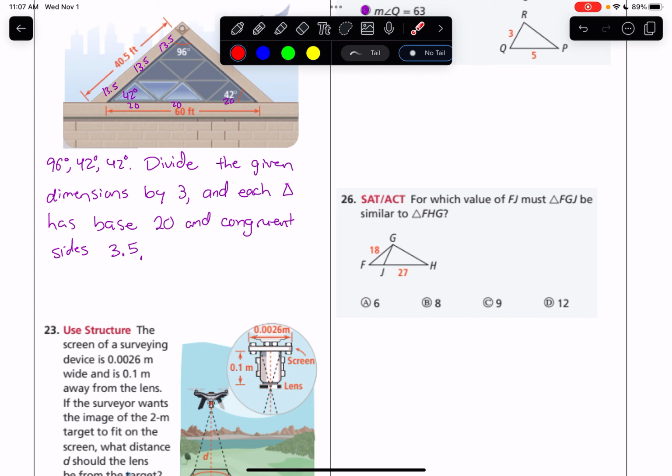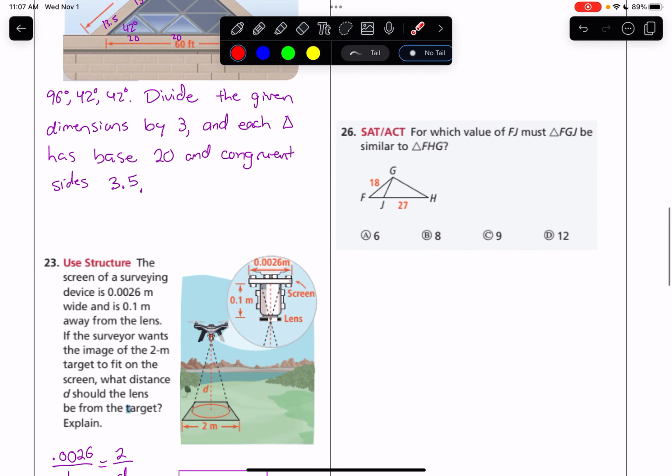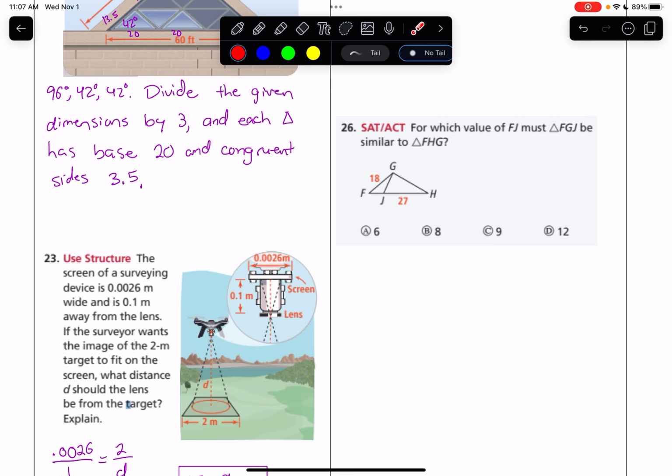26, for which value of FJ must triangle FGJ be similar to triangle FHG? So FGJ is this triangle right here.